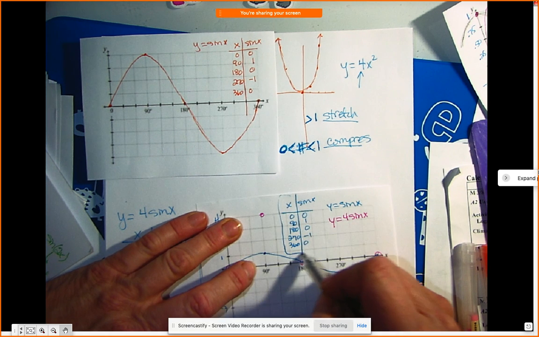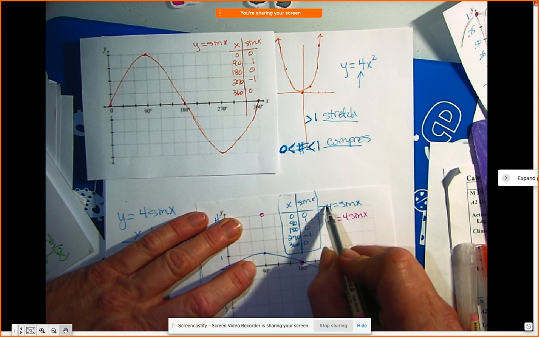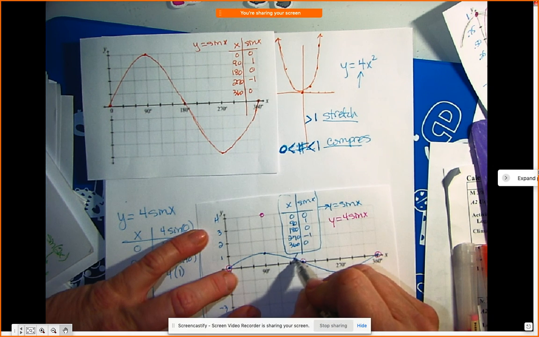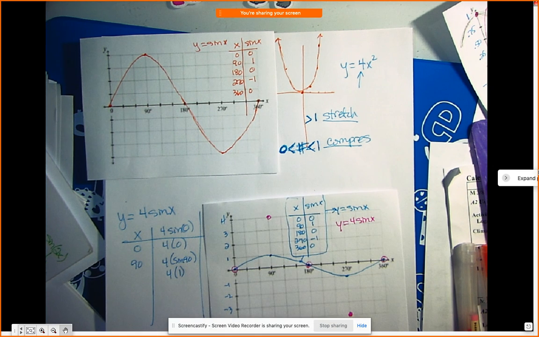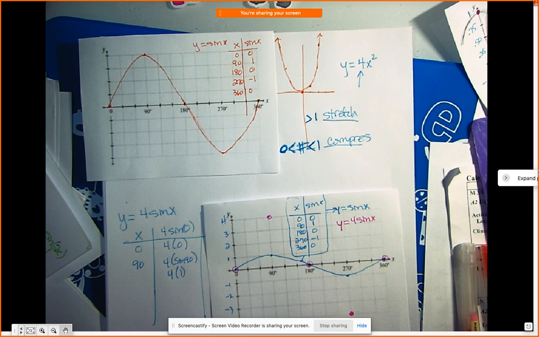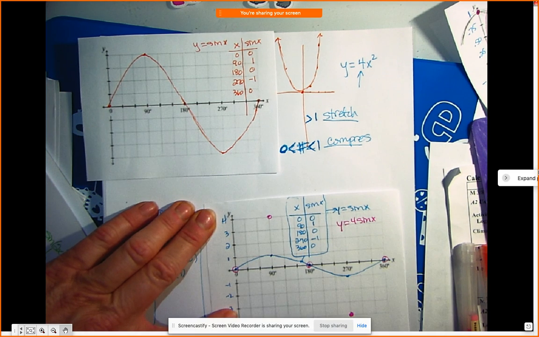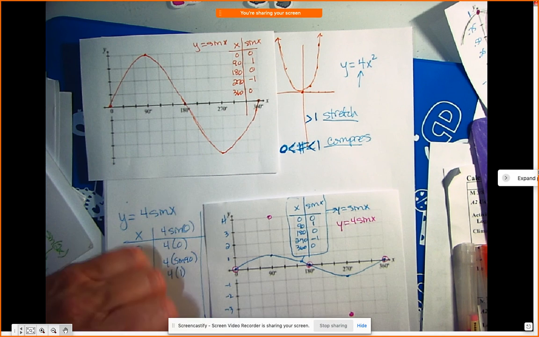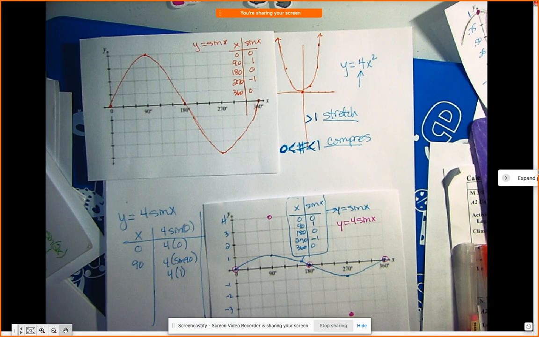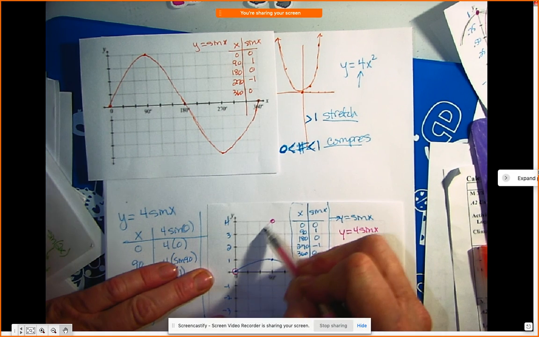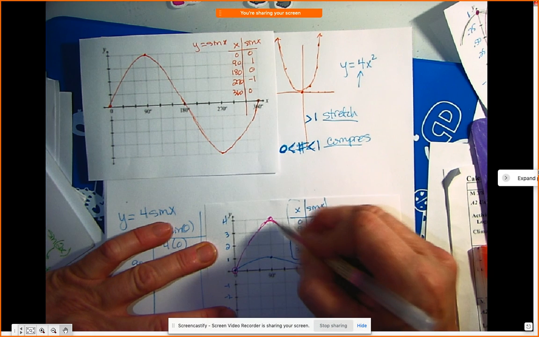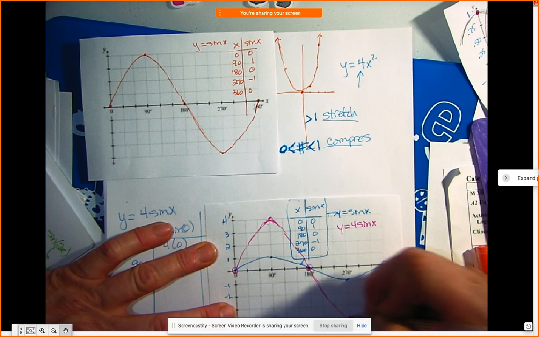This is the table of values for this. This is its graph. All I'm going to do is take 4 times all of these numbers, and that's where we get these pink dots from. So now I'm going to connect the dots. That's not that pen. Where is it? Here it is. Here we go. Perfect.